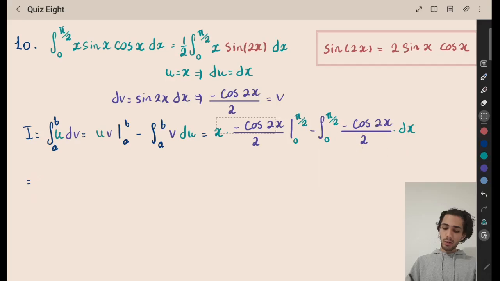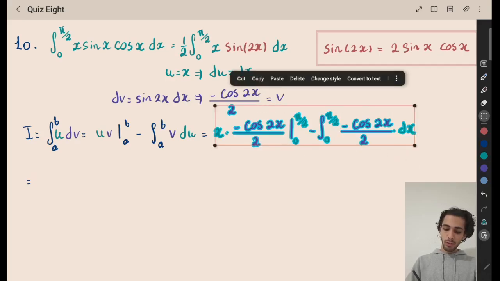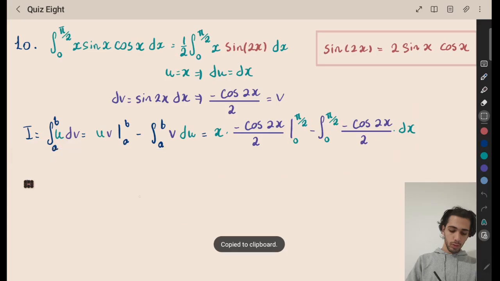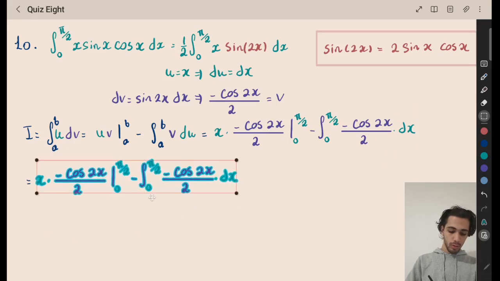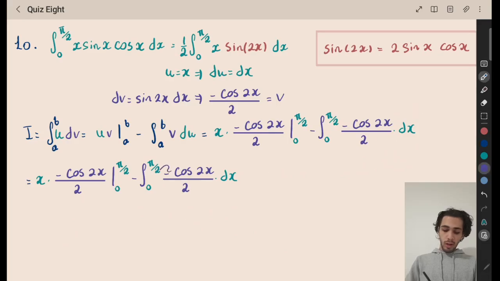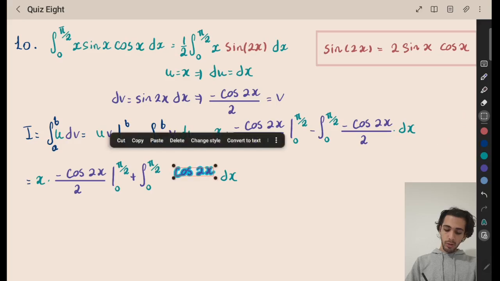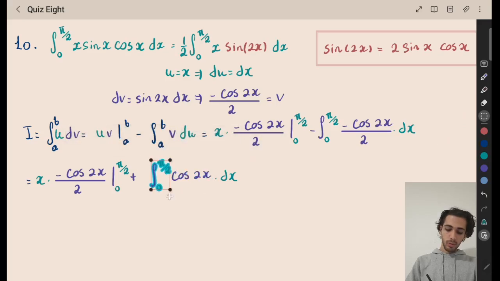So I'll simplify the cosine function. This is a minus, I'll make it a plus. There's a coefficient of half. I'll put it outside the integral.